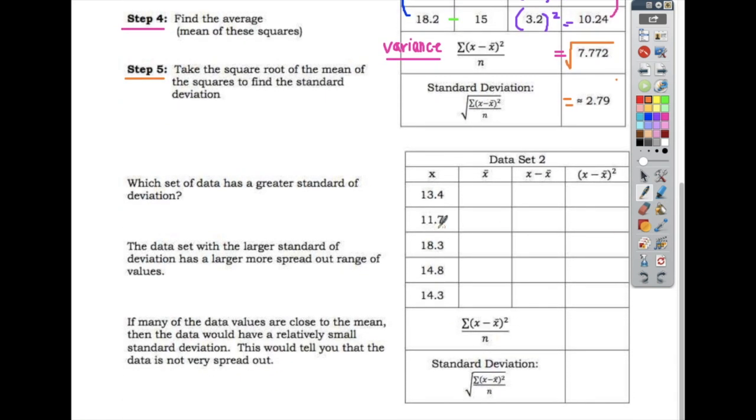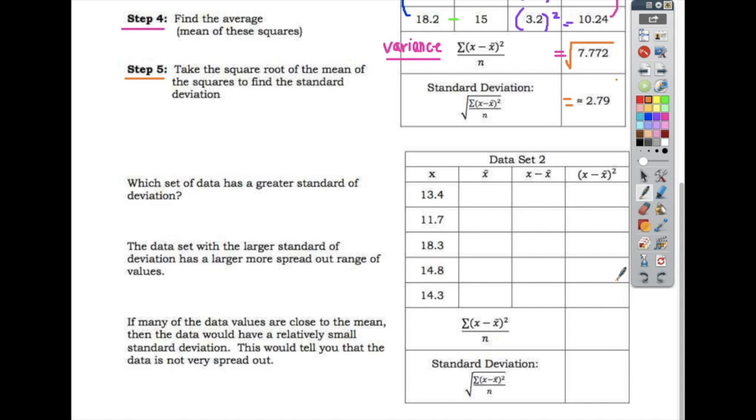So go ahead and try that for these values, 13.4 plus 11.7 plus 18.3 plus 14.8 plus 14.3, and then divide by, we still have 5 values here, so you're going to divide by 5 again.